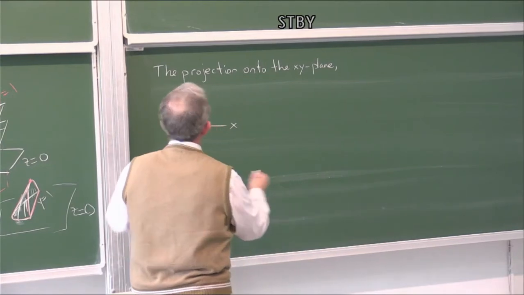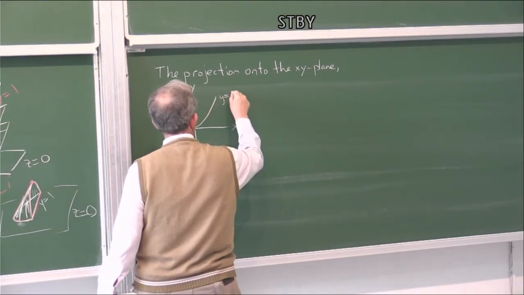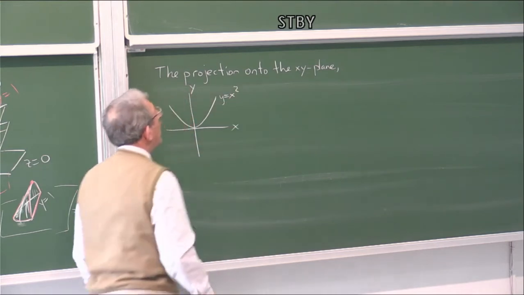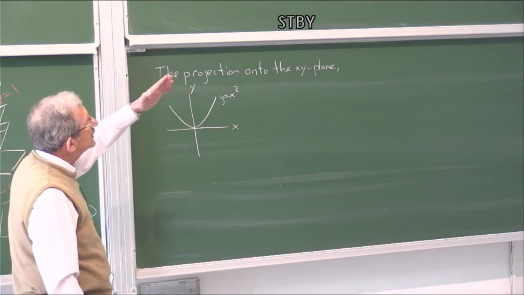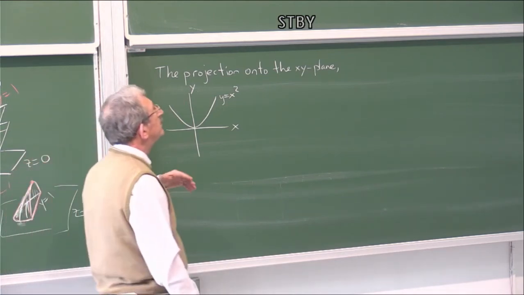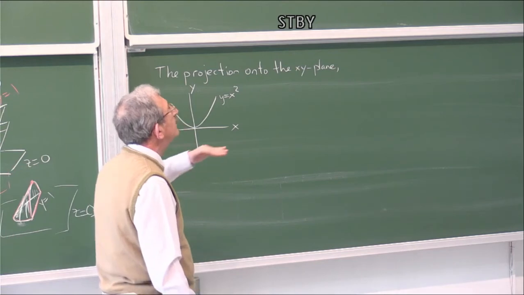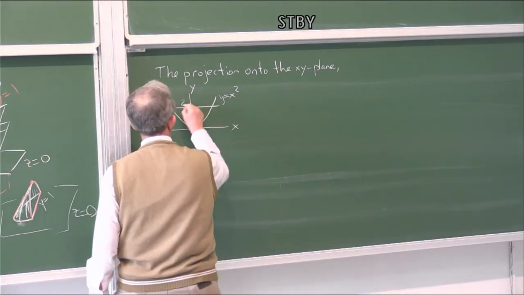First of all, it's a parabola, y is x squared. And the line segment we see there is the intersection of z equal to y with z equal to 2. So y is equal to 2.